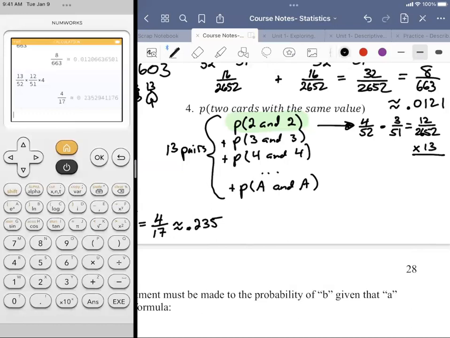But it's going to be 156 over 2652 if you do it by hand. But it'll give us the simplified form. So it gives us a result of 1/17, also 0.0588. And again, go with the fraction form. Save yourself from having to worry about the rounded decimal.